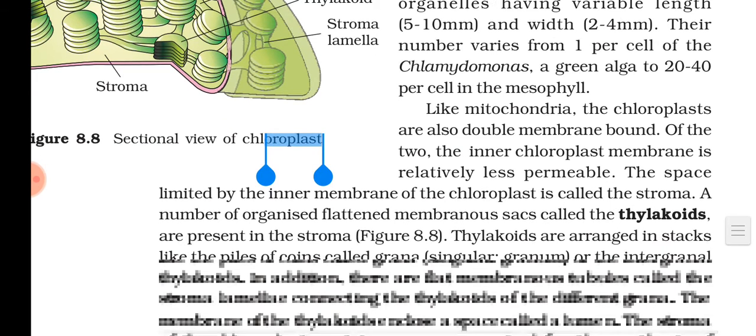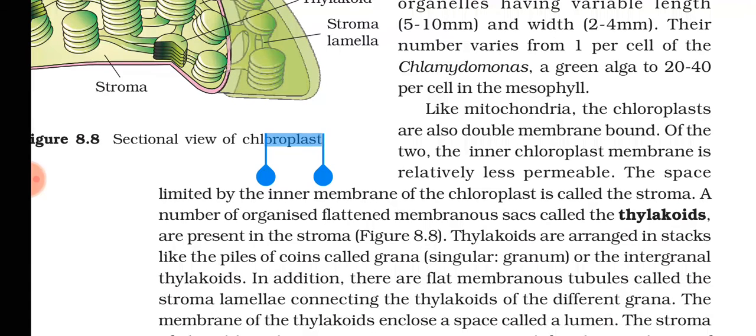Just like the mitochondria, chloroplasts are also double membrane structures. That is, they have an outer membrane and an inner membrane. Among these two, the inner membrane will be less permeable. The matrix of the chloroplast is known as stroma.